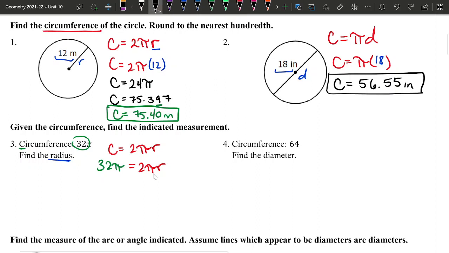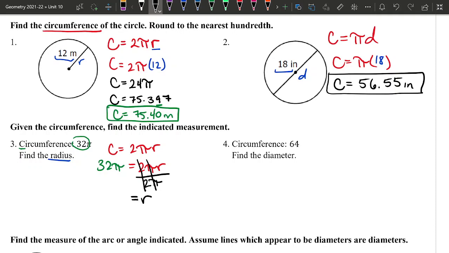Since I want to solve for r, I want r by itself. So that means I need it, that's 2 times pi times r. So to cancel out multiplication, use division. So I need to divide by 2, and I need to divide by pi. And if I do that, then on the right-hand side, the pi's cancel, and the 2's cancel, and all that's left is an r.